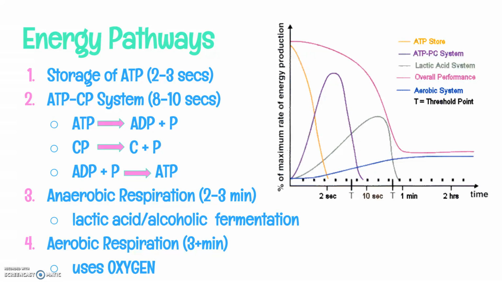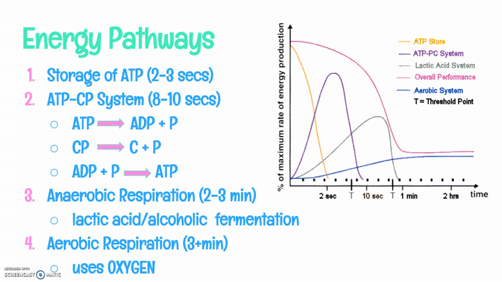And then it would go to the ATP-CP system. After the stored ATP has depleted, we use creatine phosphate, CP, and we break that down, and that phosphate from the breakdown is attached to ADP, and that goes back to ATP. That creates other energy, but it doesn't last for a while either.